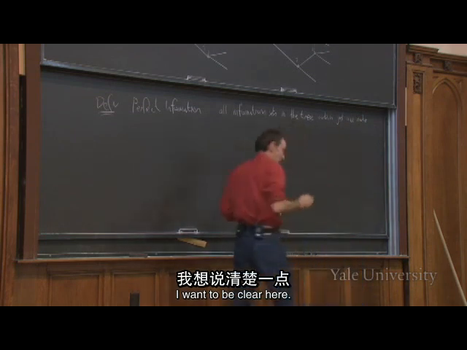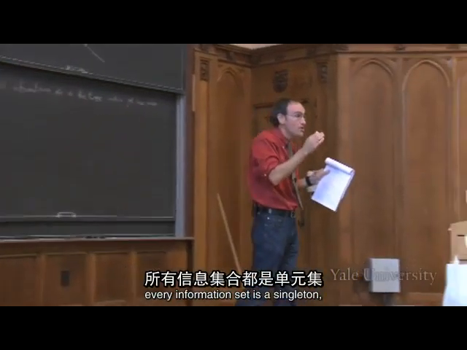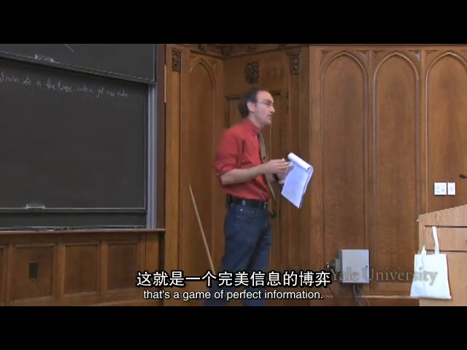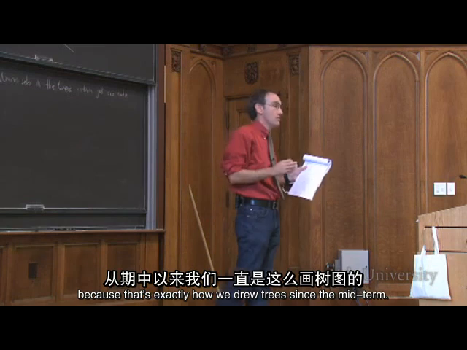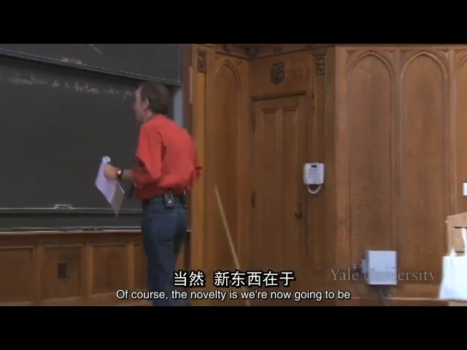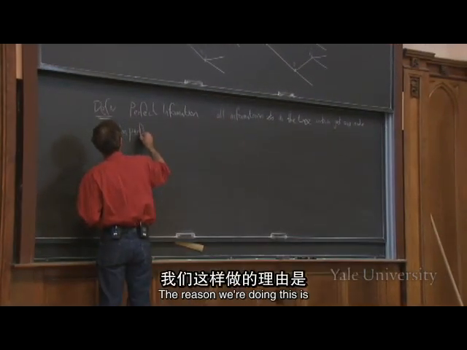So what we're saying here is if we have a tree in which every information set is a singleton, we basically never bother with any dotted lines, that's a game of perfect information, and that shouldn't be a surprise to anybody here because that's exactly how we drew trees since the midterm. Of course, the novelty is we're now going to be allowed to look at games of imperfect information.